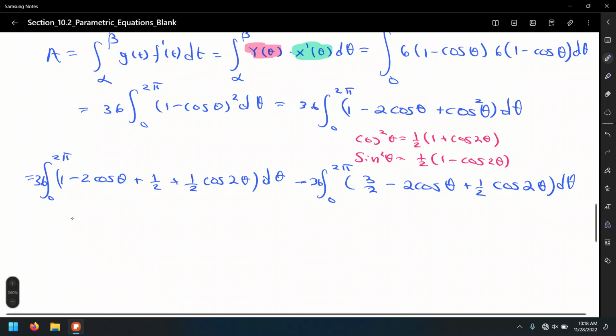So that's 54 times the integral from 0 to 2 pi, and then 36 times 2, that's minus 72 times the integral from 0 to 2 pi of cosine theta, and 36 over 2, that's 18.